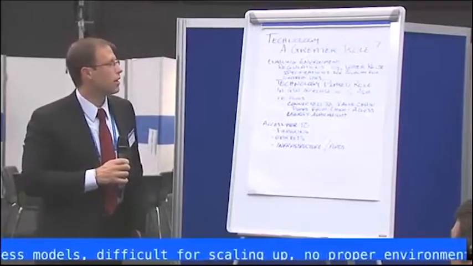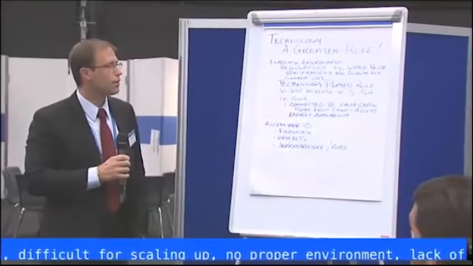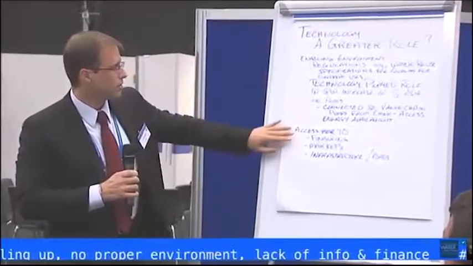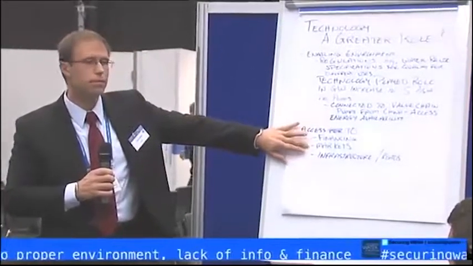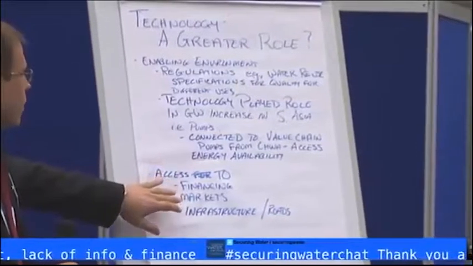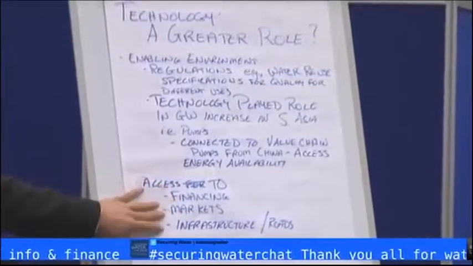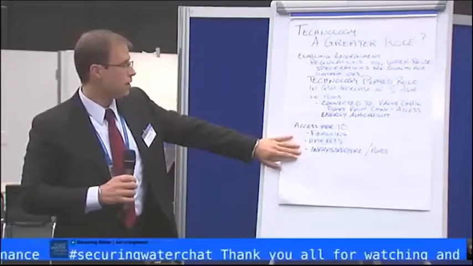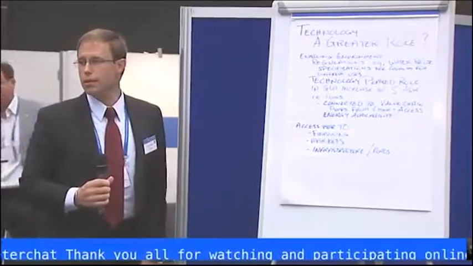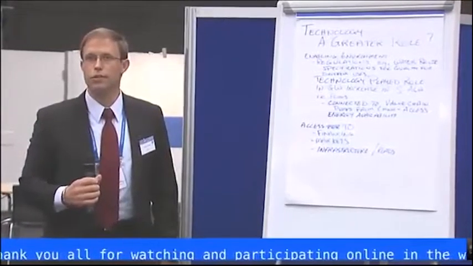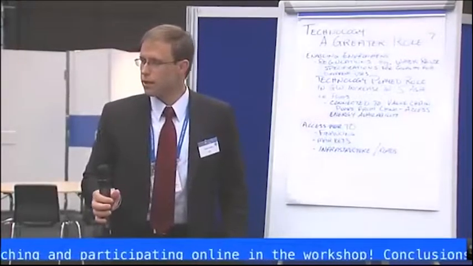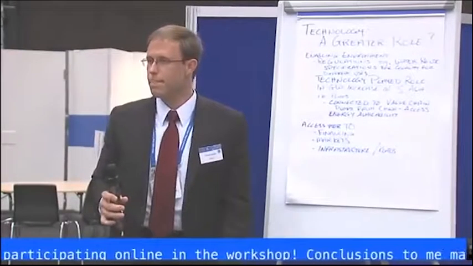Regulations help that enabling environment, and specifically access to financing, markets, including market information, market understanding. We talked a lot about market research, and then also the rest of the enabling mechanisms, the other infrastructure that goes along with that technology. Does anyone have anything else to add?